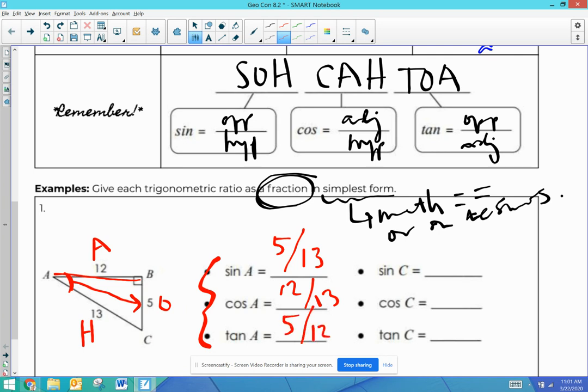5/12. So I want you to think about what you notice and what you wonder. Just think about that for a second. Okay, so what I notice is that each number is used twice. 13 twice, 5 twice, and 12 twice. So it's a good way to know that I've used all of them.